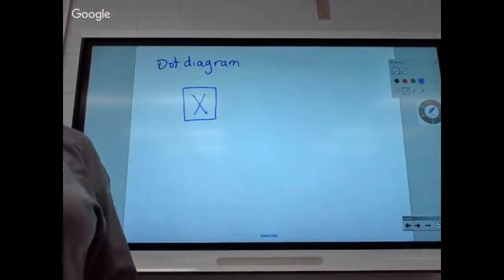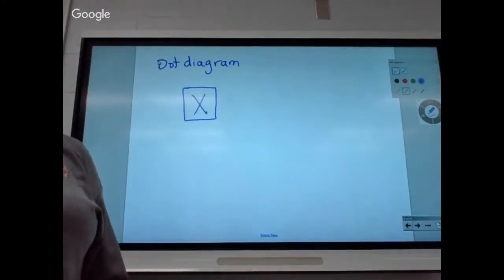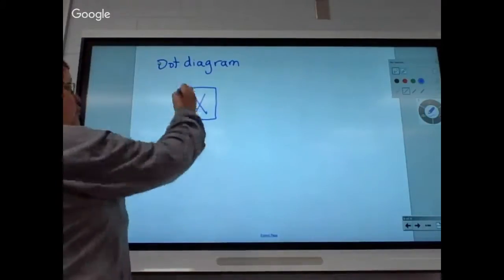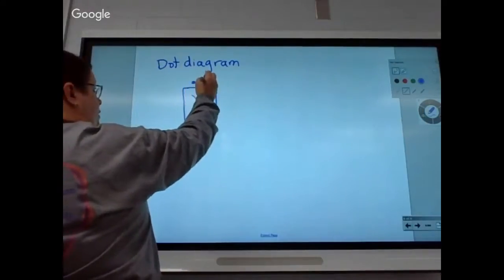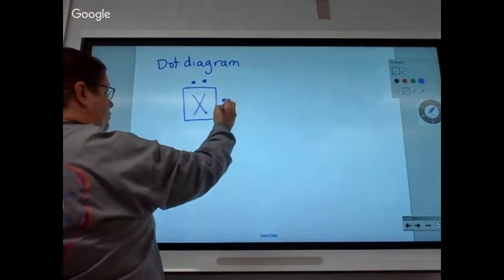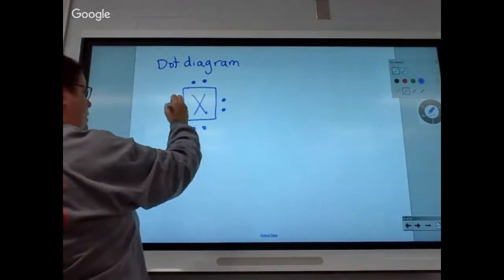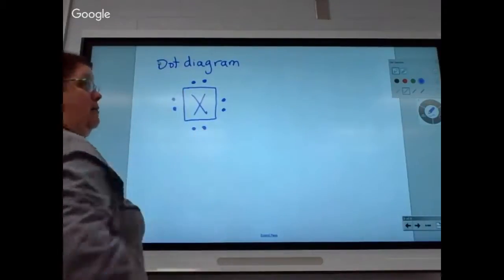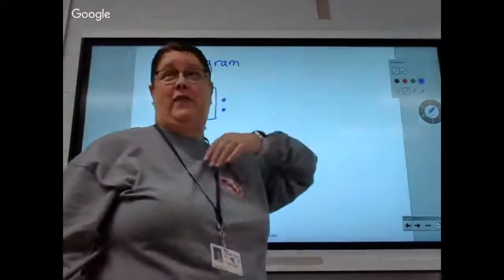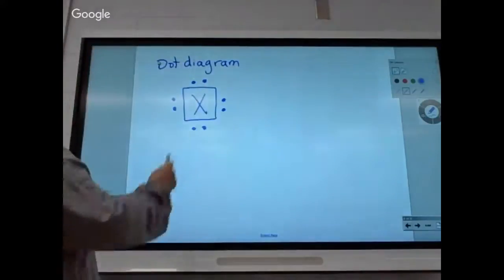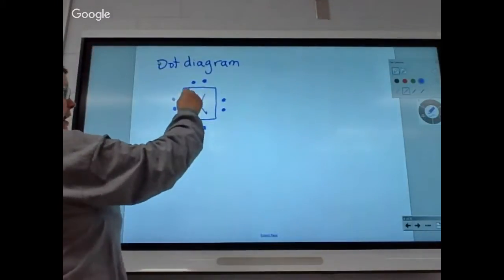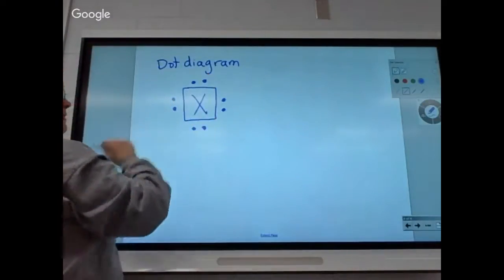We're never going to draw this box, but I want you to envision 4 sides. The most you can have are 2 dots on either side. So the most dots you can have is 8. If you want to write that down, that's fine. The symbol of the element goes there, and then the most dots you can have is 8.